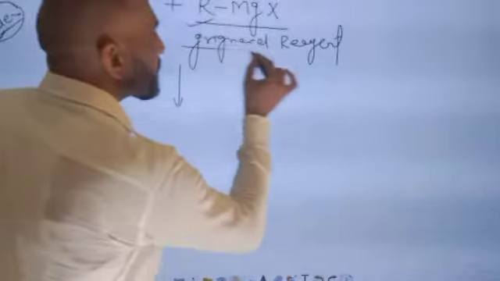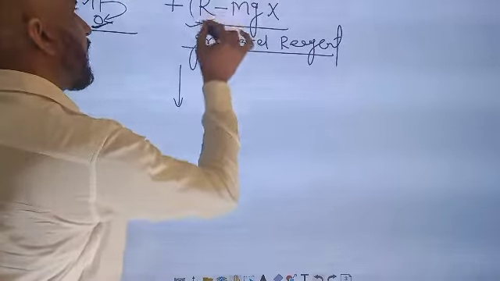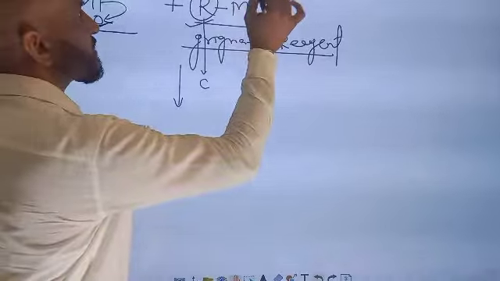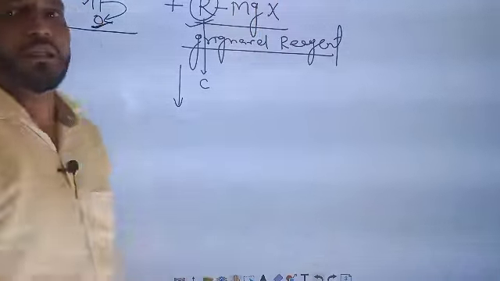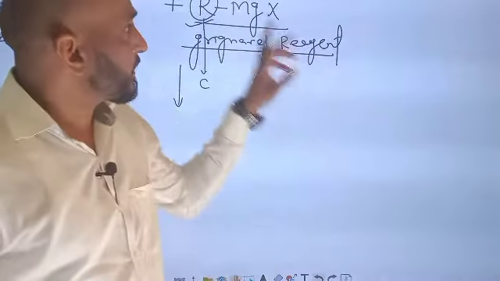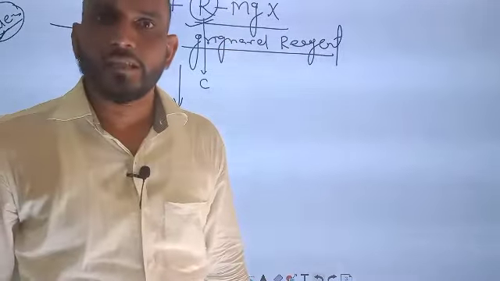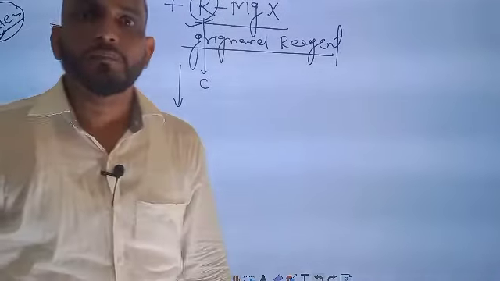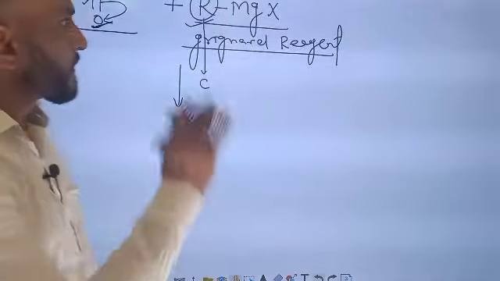In the RMgX molecule, R means carbon and Mg means metal. We already know about metals and non-metals. A metal always has a deficiency of electrons, while a non-metal may have a deficiency or an excess.